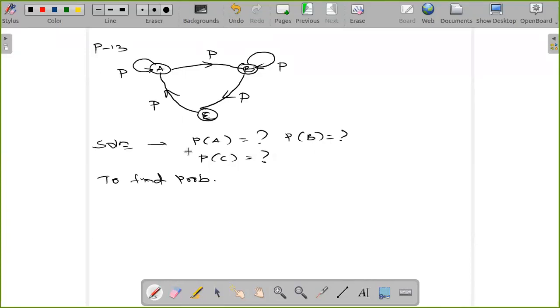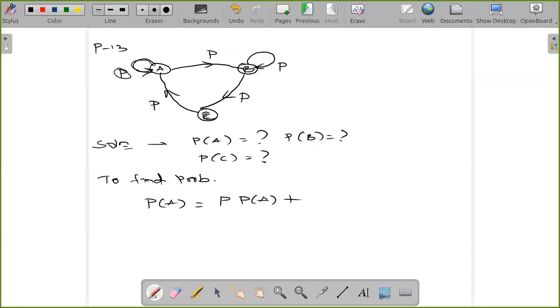Now I will write the equation for state A. First, with probability P, a symbol enters into the same state. So I write the P of A equation: the same state with probability P, into P of A, plus from A to B it is not entering, it is leaving, but I want only entering states.